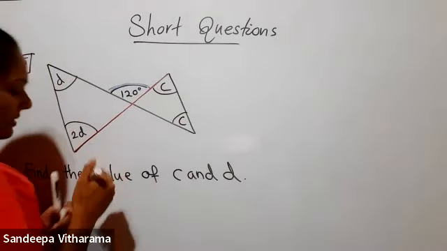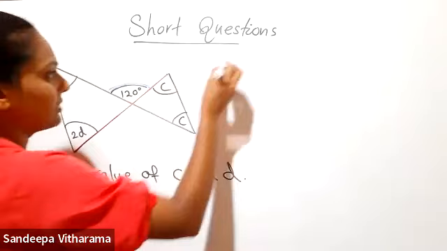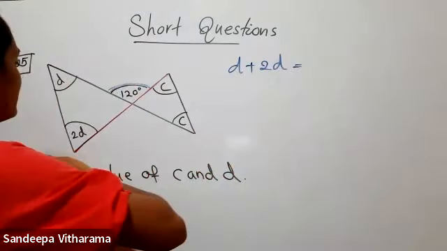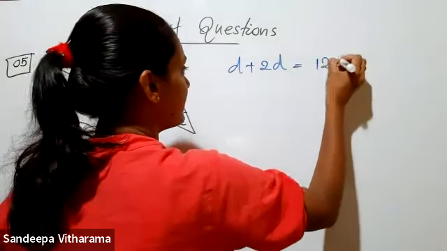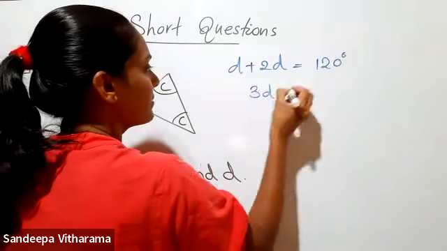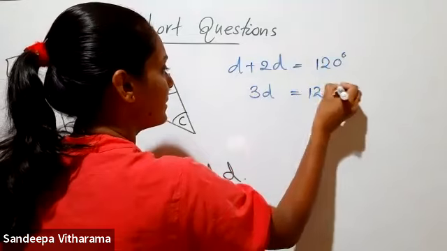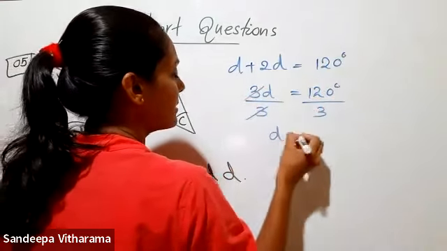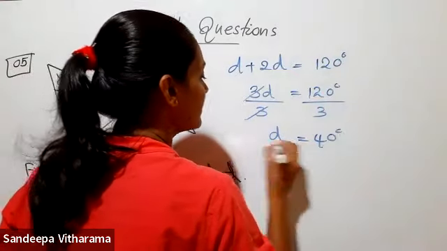Then we can write the relationship: D plus 2D equals 120. Then 3D is equal to 120. To find D, D is equal to 40 degrees.